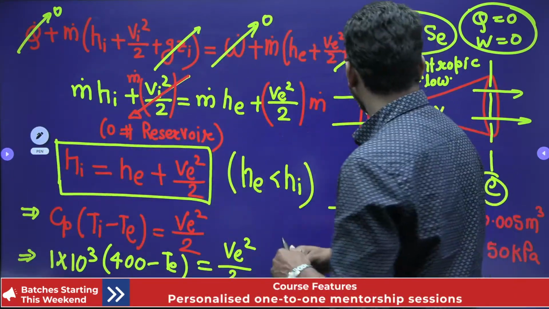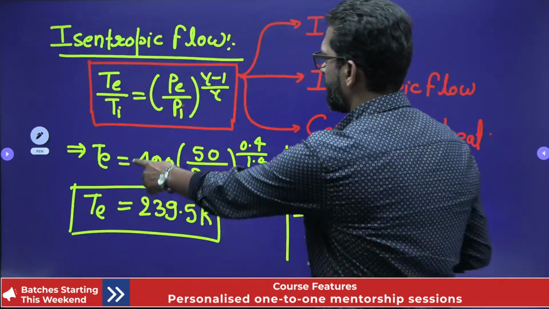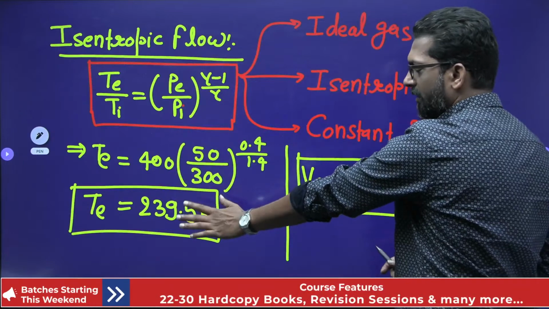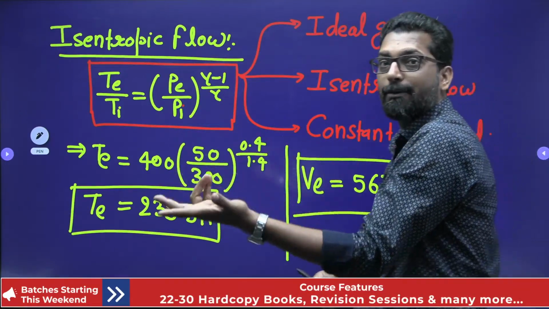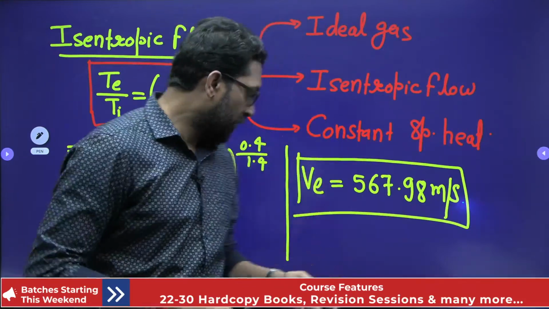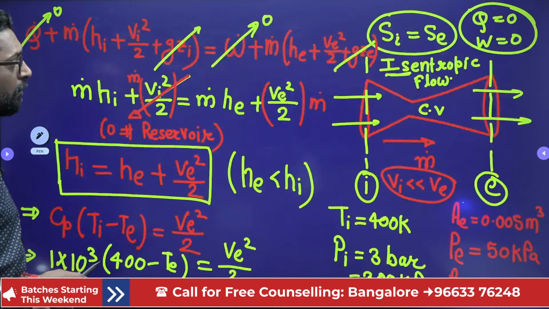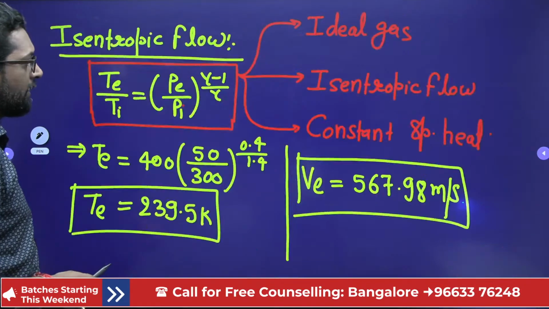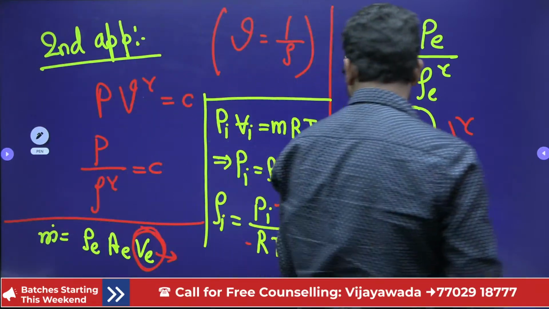How to find it? Isentropic. So you have the exit temperature, and you get the exit velocity. Put this in and calculate. What is the advantage of this approach? The advantage is to easily find the exit density with the help of the inlet density.